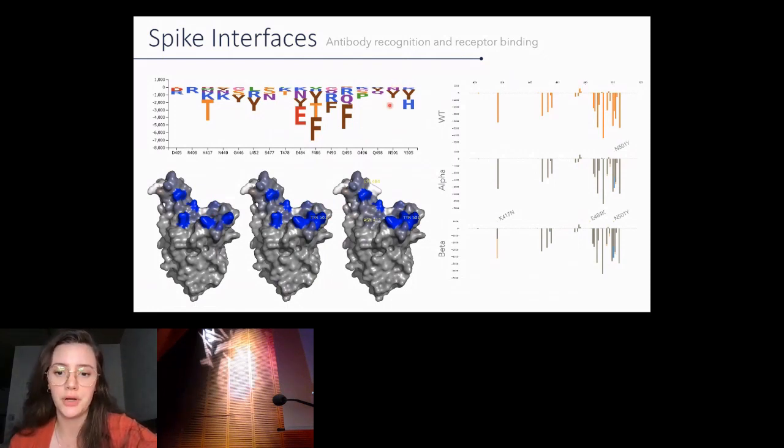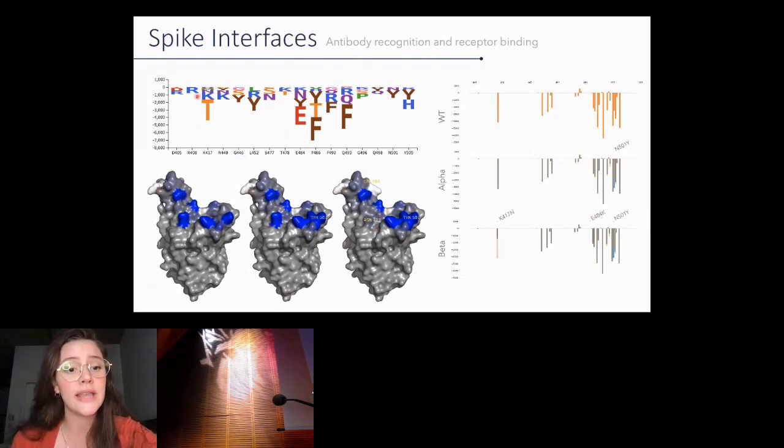However, this mutation appeared at the end of 2020, so prior to immunity coverage in general and prior to vaccination as well. When we look at the beta variant, we already see two more mutations in this receptor binding domain. The mutation on K417, for example, actually decreases binding to the receptor by quite a lot.